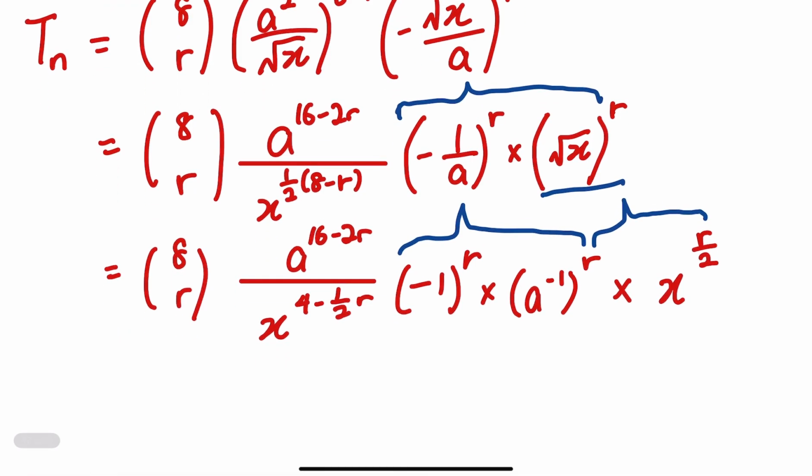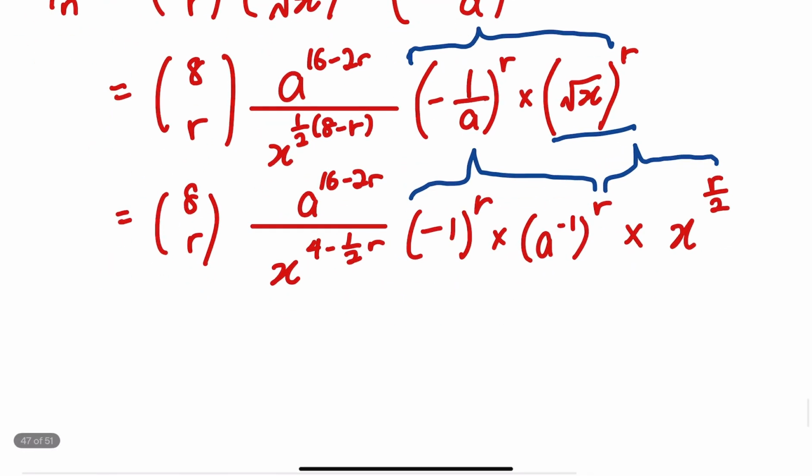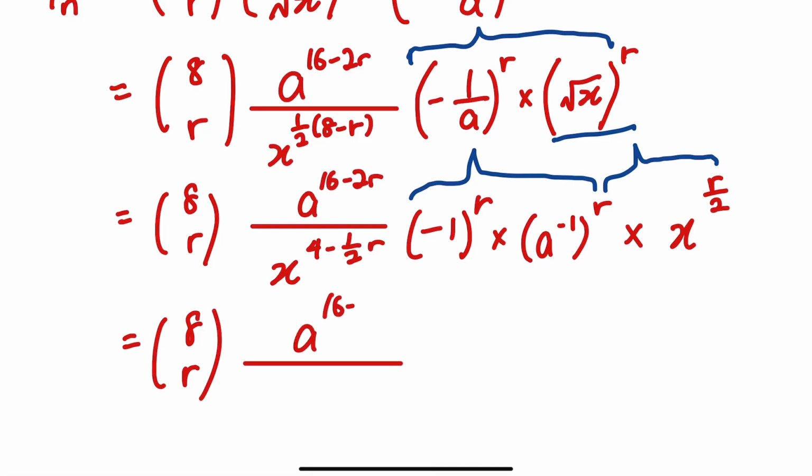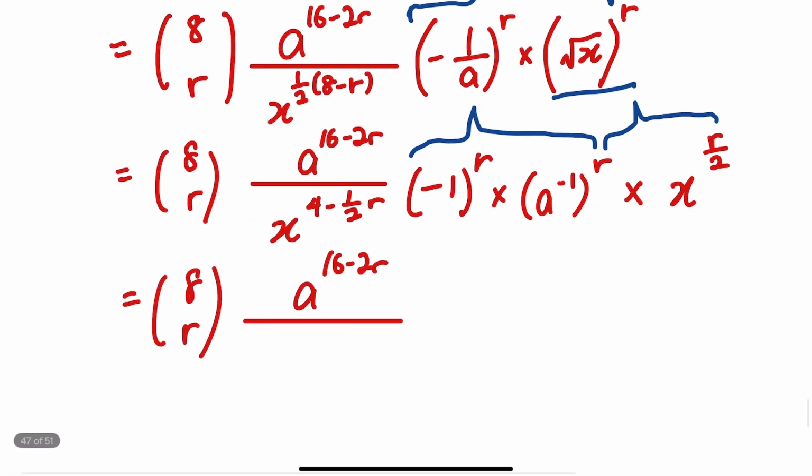Then after that, to make life easier, I'll now combine all the x terms together. I can rewrite these terms to become 8 choose r, a to the power 16 minus 2r. This negative 1 to the power r I can shift in front first.